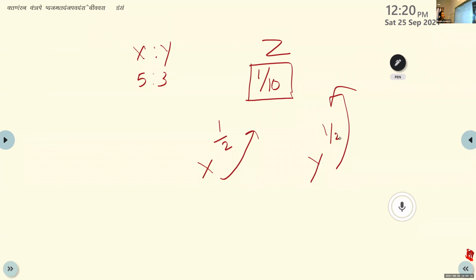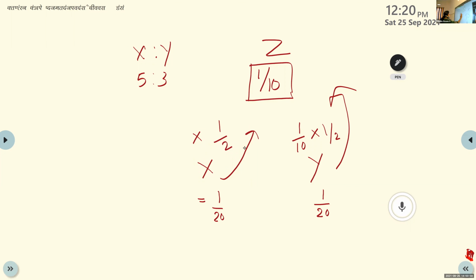How much is this half? 1/10 into 1/2 is taken from X. 1/10, Z's share, into 1/2 is taken from Y. 1/10 into 1/2 means it is 1/20. Again, Y, 1/20. This 1/20 is given by X to Z. Y also gave the same to Z.